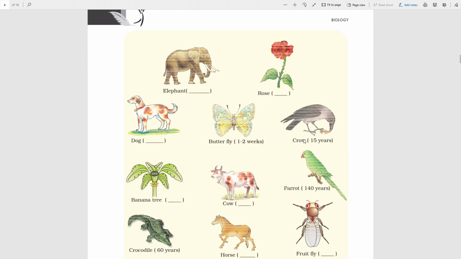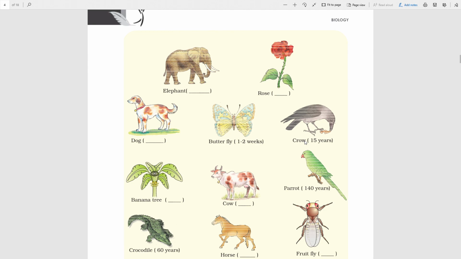Then butterfly, as I mentioned, it's 1 to 2 weeks. Then there is crow, which is 15 years. Here you can see the crow has a somewhat similar shape and size to the parrot, but you can see the differences in their lifespan. Crow has a lifespan of 15 years, whereas a parrot has 140 years.